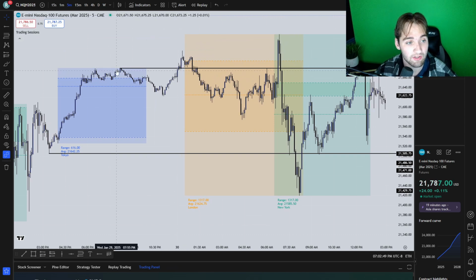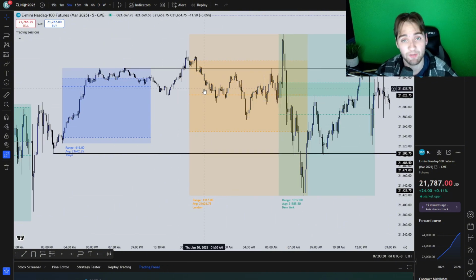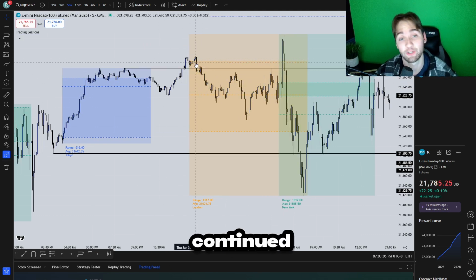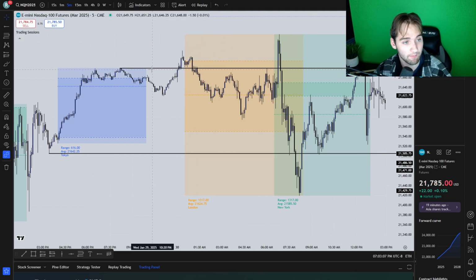For example, this high that I marked out in Tokyo session, price later came back to that area and reversed from this high after it swept the high. That's called liquidity. It's simply a high that you mark out that price got to and rejected or continued off from. Pretty simple, right?